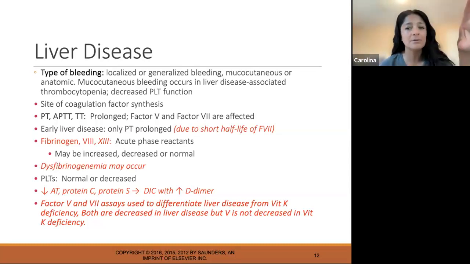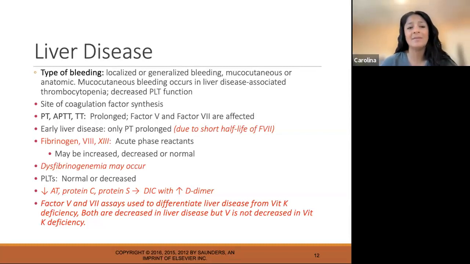Again, there are many types of liver disease, many types of disorders that can affect the liver. We're talking about cancers, we can talk about hepatitis, liver cirrhosis.